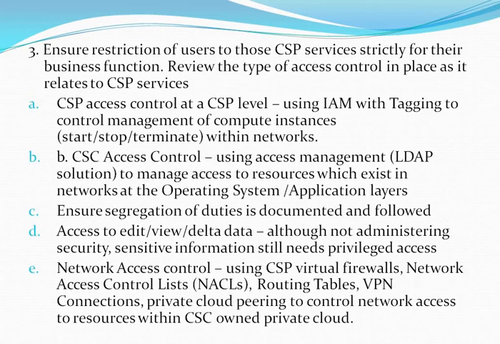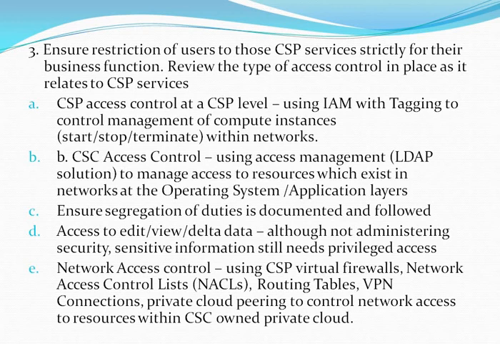The next point is to ensure restrictions of users to those CSP services strictly for their business function. Review the type of access control in place as it relates to CSP services. This is very important, guys. Note it down, or by the end of the series I'm going to give you the whole checklist.